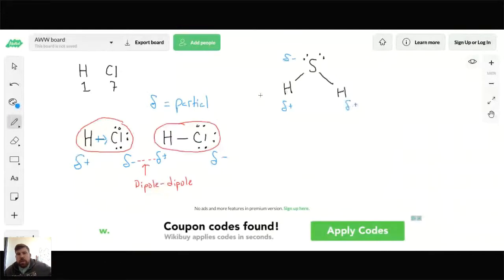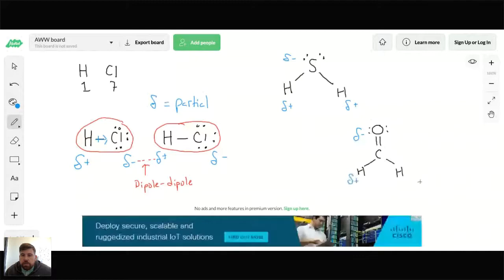So let's say we have a mixture between H2S and formaldehyde. Formaldehyde has a more electronegative oxygen that double bonds to the carbon, and the carbon single bonds to each of the hydrogens, and there are lone pairs on the oxygen just like this. Oxygen is more electronegative than both carbon and hydrogen, so it becomes slightly negative and the hydrogens become slightly positive.